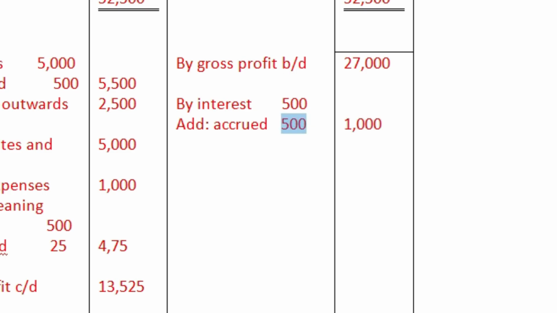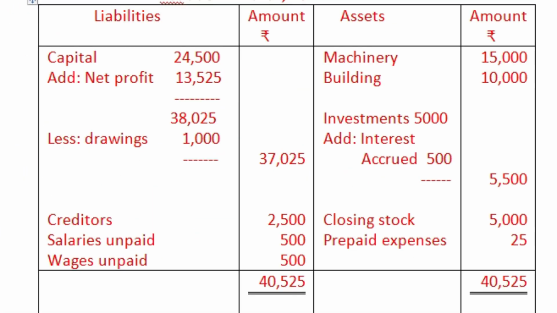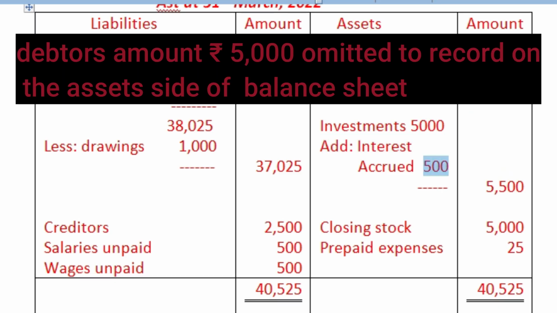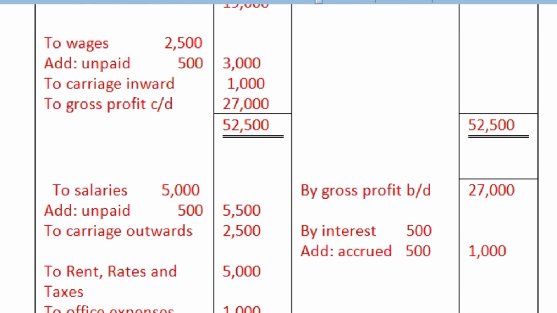So debit, credit: here it is credited, and here it is debited. Writing on the asset side means debit, liability side means credit. The 5,000 principal amount goes in the balance sheet, along with the interest due. But in the profit and loss account, only interest income and expenses are recorded.